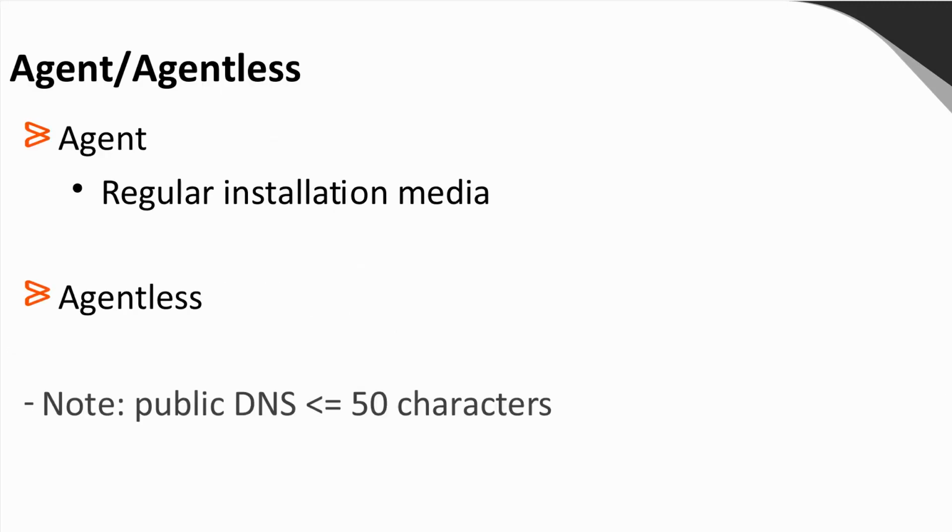Now, in terms of the agent and agentless, we can use the regular installation media. As I said earlier, the Amazon Linux install requires a minimum of 9 FixPack 2.